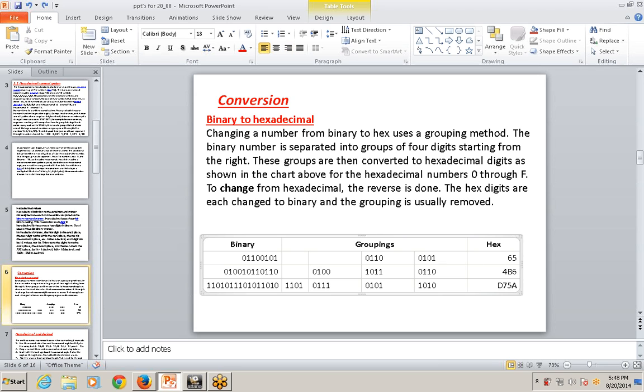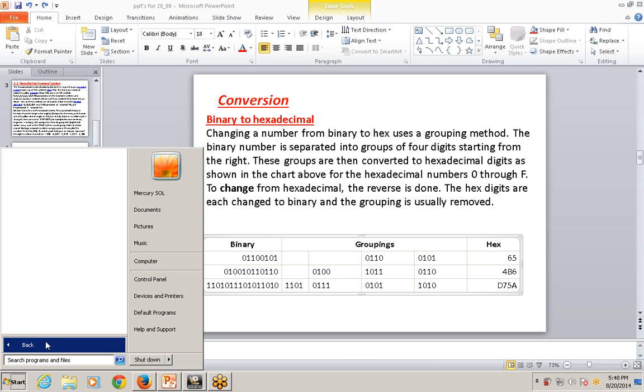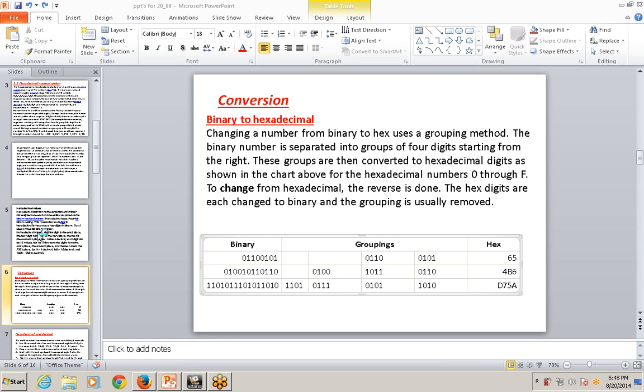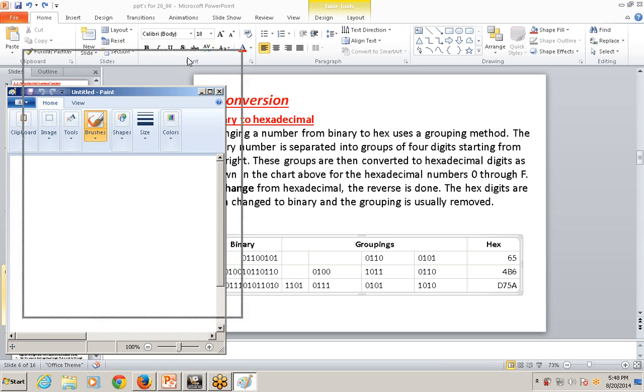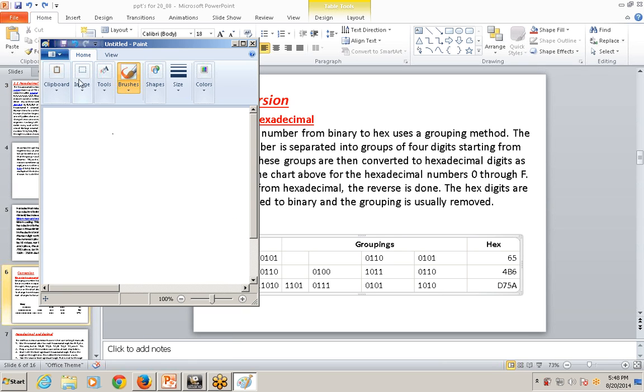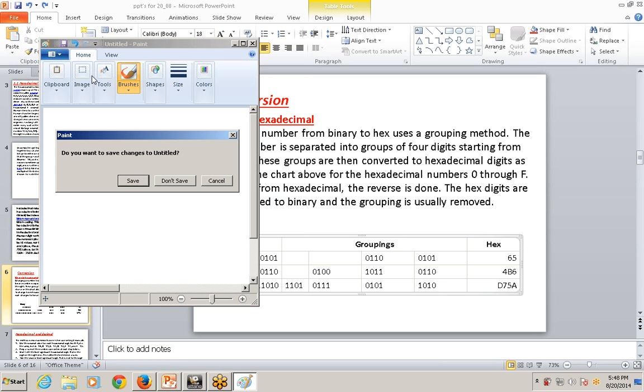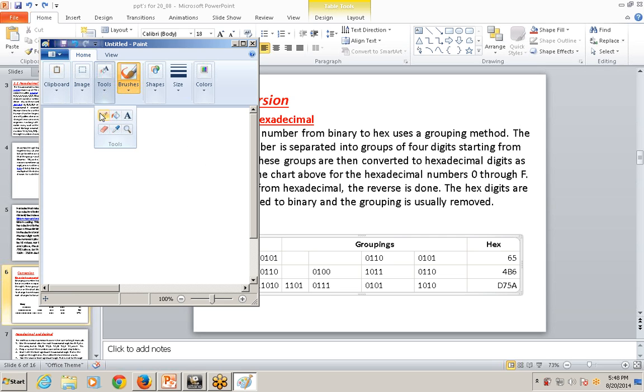In the same way, I can calculate this one. Now let's see how I calculate. This is 0, that is 2 power 0 into 0. Now let's see with the help of Paint. Suppose this is 0, 1, 0, 0, and I want to calculate this one.